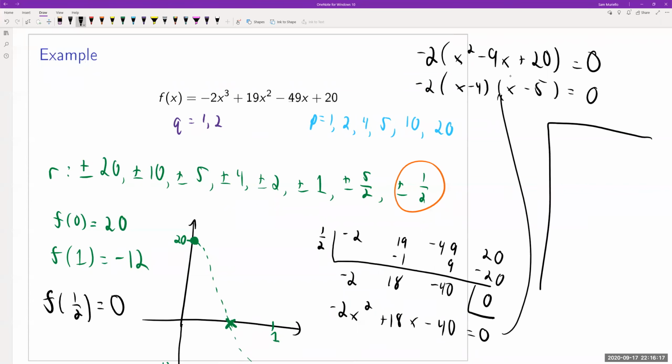Thus, my roots are 1/2, 4, and 5. And the polynomial factored into negative 2, x minus 1/2, x minus 4, x minus 5.